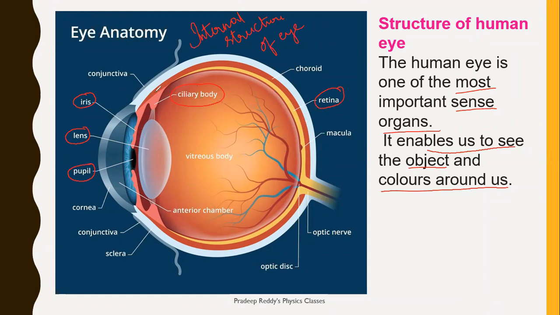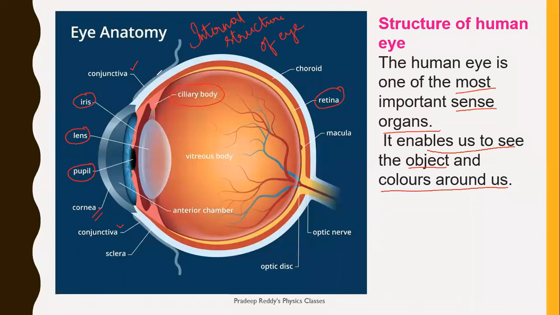Now this is the internal structure of your eye, and this part is called conjunctiva, and this part is called iris, and here it is eye lens, and this is pupil, the black lid which is present in your eye. In front of this black pupil there is cornea, and this part is conjunctiva.